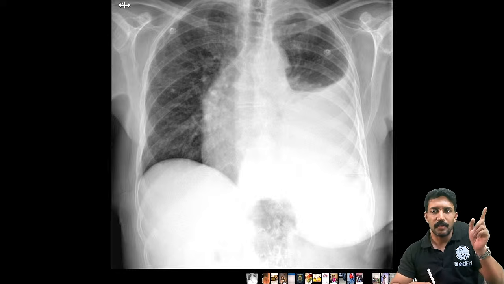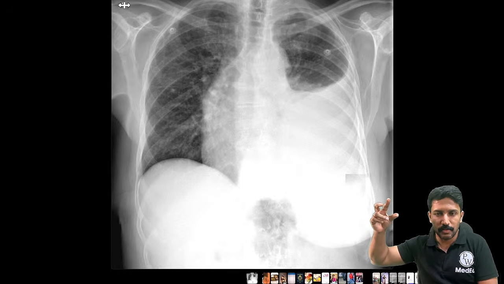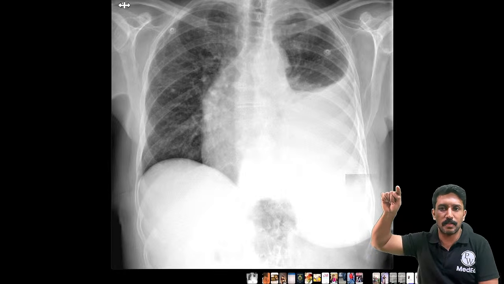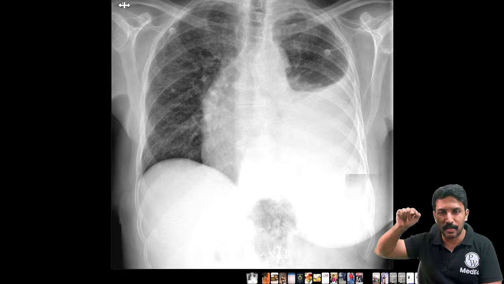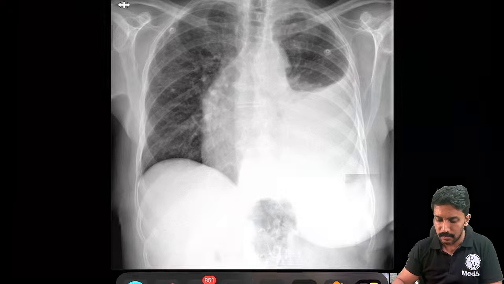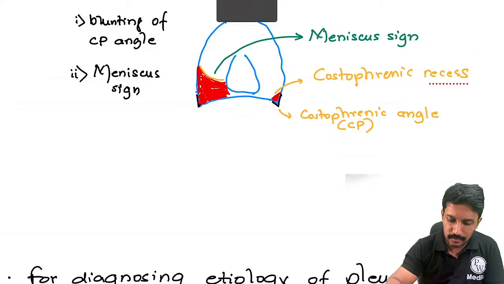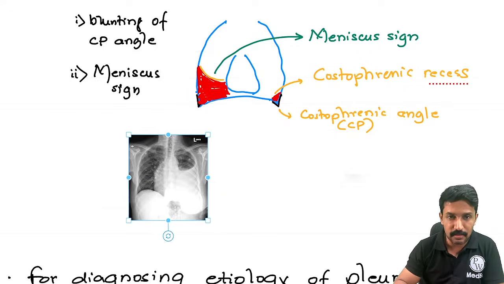Now pay attention to this side. You can notice that the opacity is because fluid has accumulated. Look at the topmost line of this opacity. It's not a straight line. It is a concave line, with a slightly higher axillary level than anterior level. And this is what we call the meniscus sign.